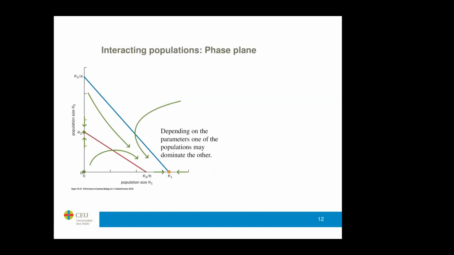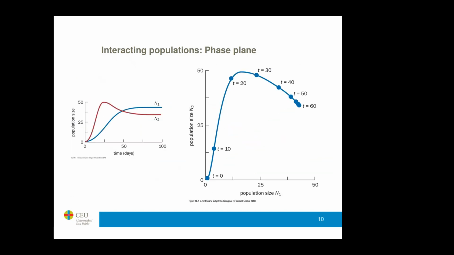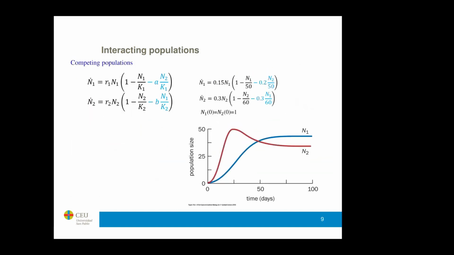Steady state is not the maximum; steady means fixed. It is a state that doesn't change anymore. Once you converge to this point, it doesn't change anymore. So it is not maximum. Maximum N2 was here.